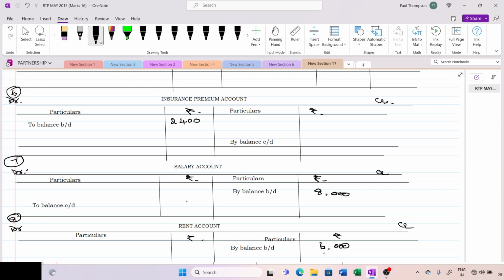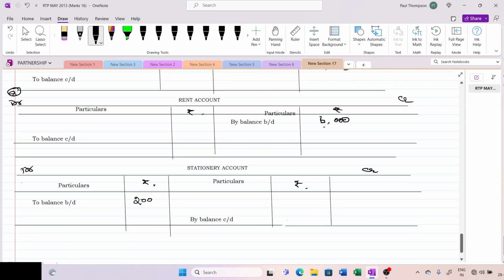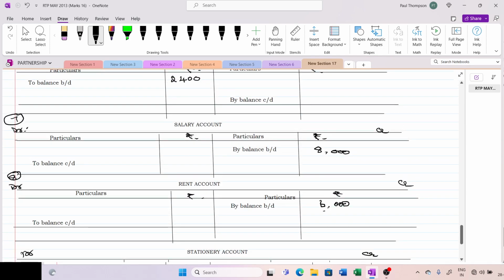And stationery 200. I have written stationery. Now salary outstanding 8,000 we have written. All the liabilities also we have completed. So we have completed the opening balance sheet.